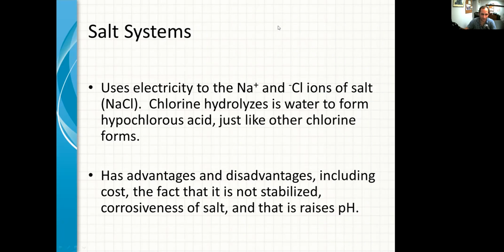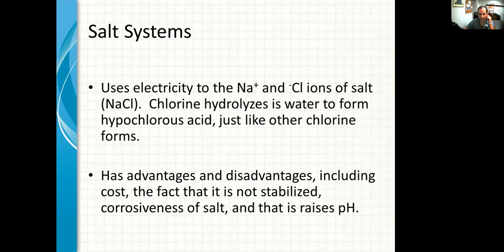So just like anything, there's a trade-off. There are some advantages, some disadvantages, including cost. The salt systems are not stabilized, so you need to add stabilizer, which is cyanuric acid. Salt can increase the corrosive index of the water, and also if it splashes out and dries, you're more likely to have salt build up on places that get water evaporated on a lot.